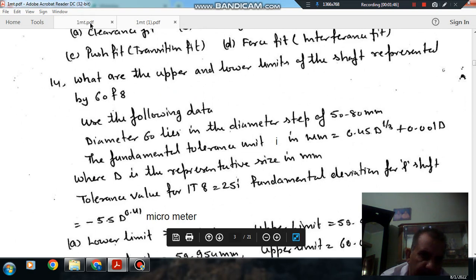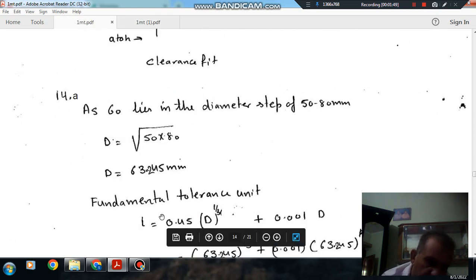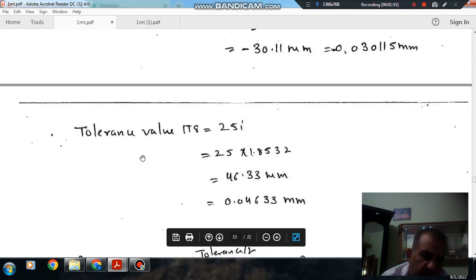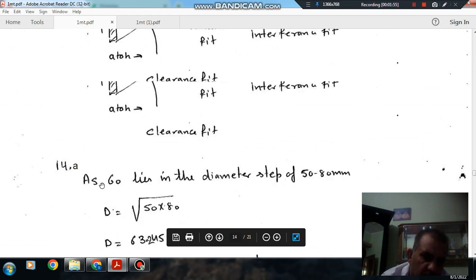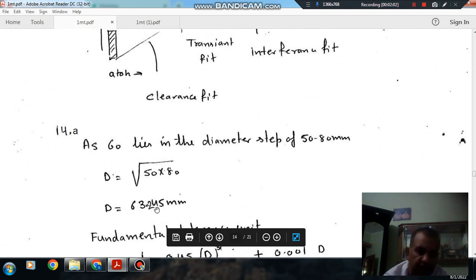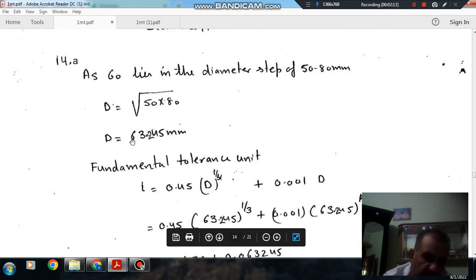We will find the diameter that will be used in the fundamental tolerance unit, the fundamental deviation and the tolerance value. That diameter will be the root of 50 into 80, which is 63.245 mm. Now to calculate the tolerance unit, tolerance value and fundamental deviation, we will use that D.